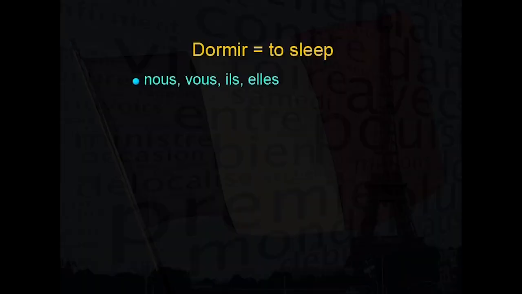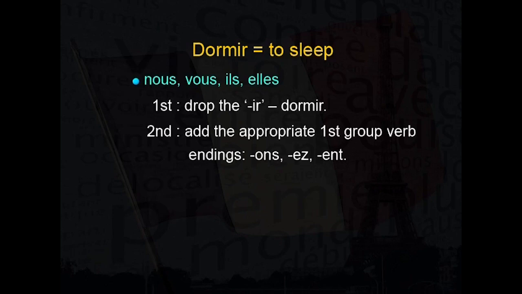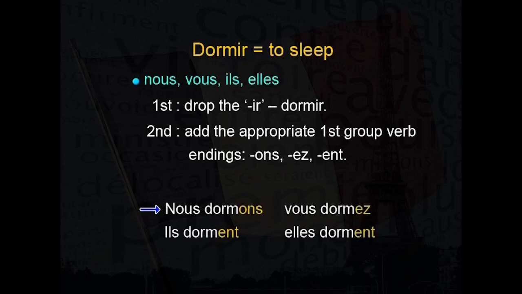Now I'll show you how to conjugate for the nous, vous, il and elle forms. We again drop the IR ending and we add the appropriate first group verb endings ONS, EZ, ENT. Here's the complete conjugation. Nous dormons, vous dormez, il dorme, elle dorme.